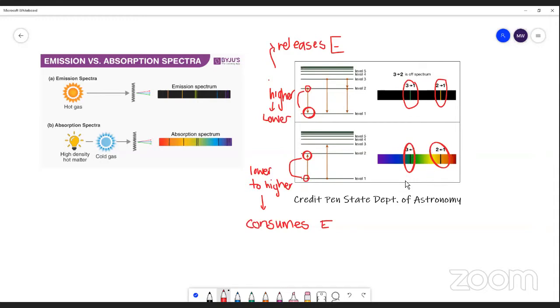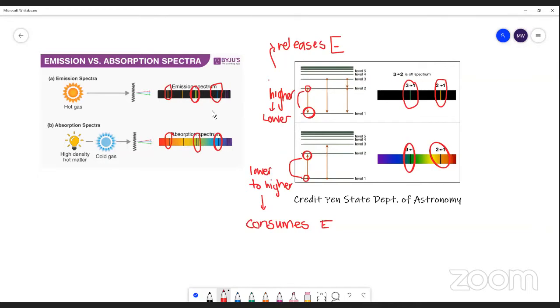For an absorption spectrum, you will have all the colors of the rainbow, but those lines will be black. It's the same thing here. An emission spectrum basically looks like when you've colored at the bottom and you're scratching out the black, and you get the colors.